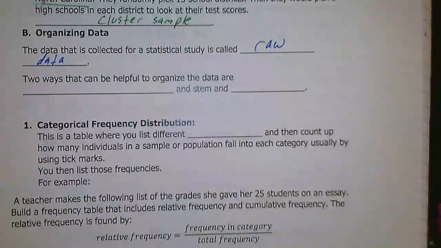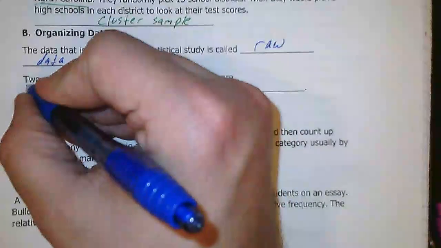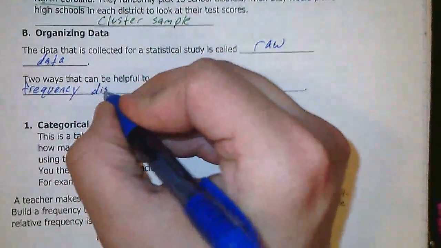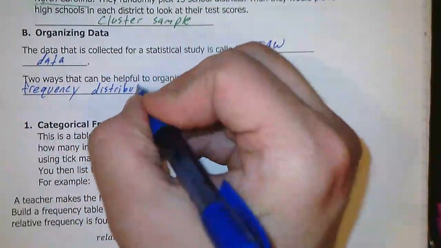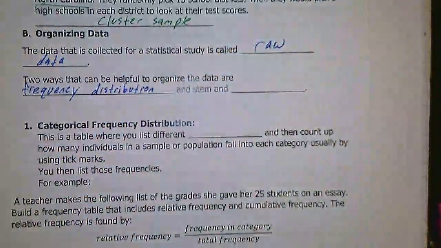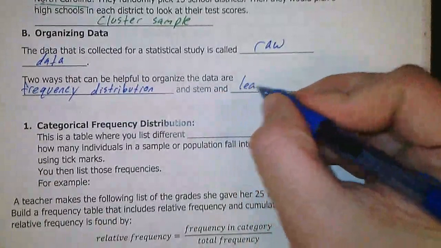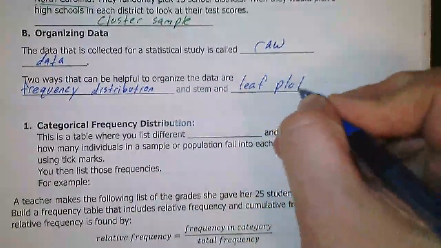Two ways that can be helpful to organize the data are frequency distribution and stem and leaf plot.